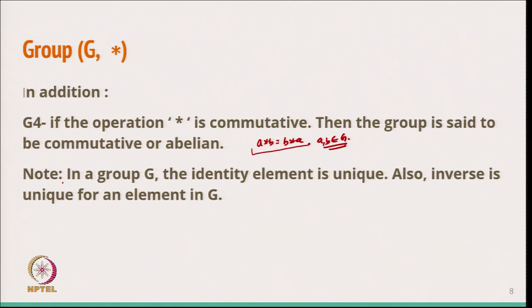Note that in the group G, the identity element we have defined is always unique, and also the inverse is unique for an element in G. So, you have to keep in mind that element E is unique. Everything depends upon which type of elements or which type of binary operation we define.